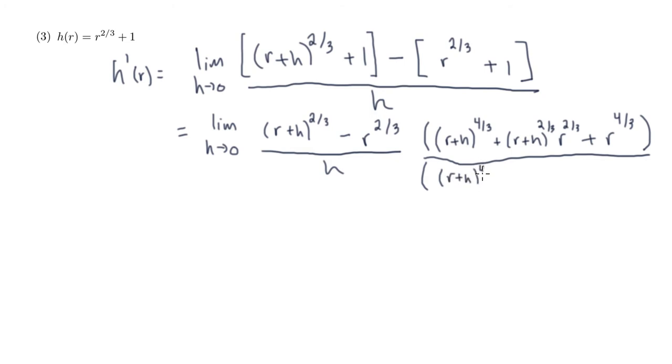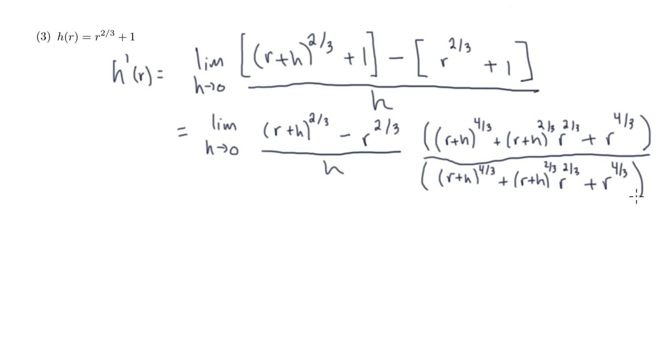If you're wondering what I'm doing, kind of like how when we multiply by a conjugate, I'm forcing a difference of squares, here I want to force a difference of cubes. So I'm really just using the difference of cubes formula. Again, you see how useful some of those algebraic tricks can be in calculus.